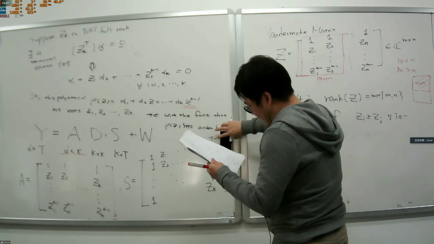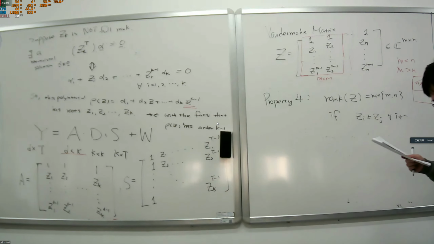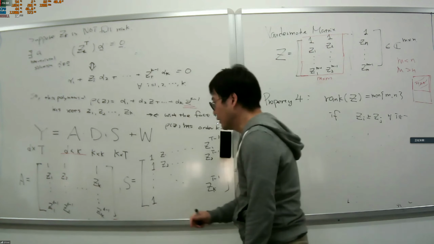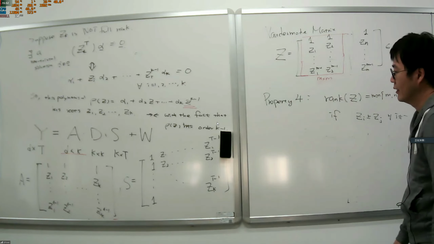Now we want to see, with this property, how can we utilize it to have an algorithm to search for this z_1 to z_k.